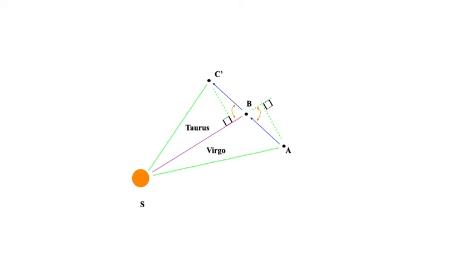Triangles 1 and 2 each have one right angle, so their third angles must be equal as well. Triangles 1 and 2 are therefore congruent based on the side angle rule.